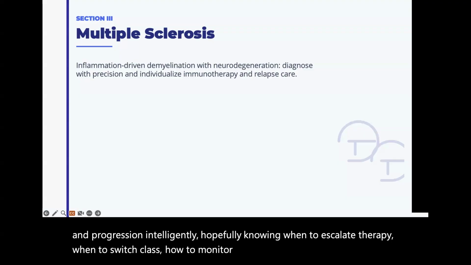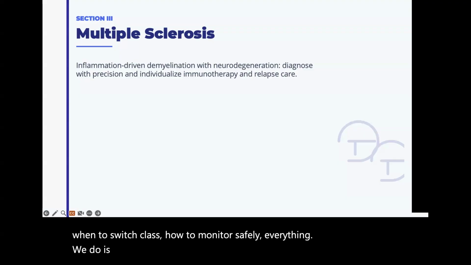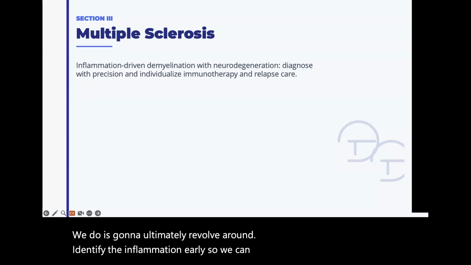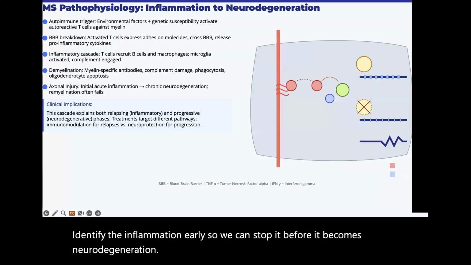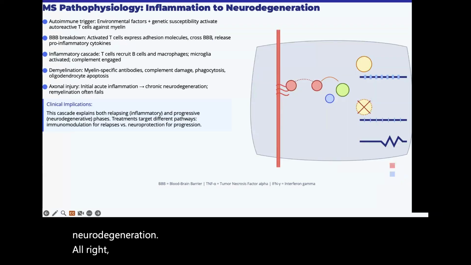Everything we do is going to ultimately revolve around identifying the inflammation early so we can stop it before it becomes neurodegeneration. All right, so here is the MS pathophysiology pathway from inflammation to neurodegeneration.